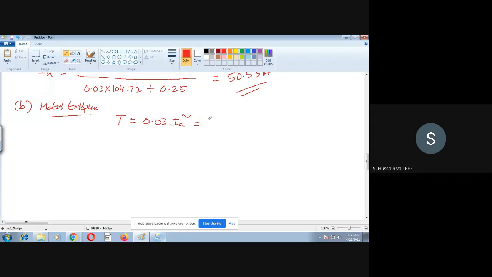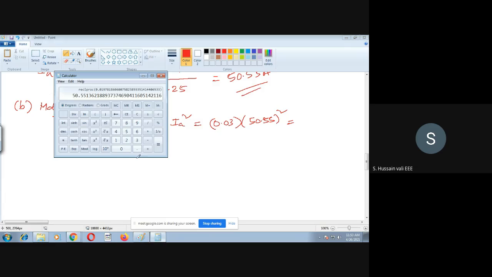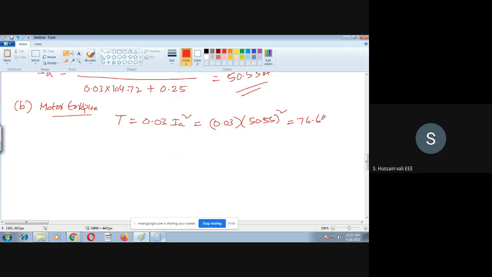So 0.03 into 50.55 square. We'll get the torque. 76.66 Newton meter. So this is the torque.